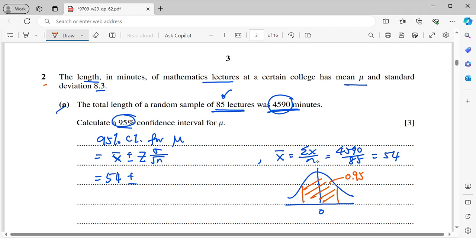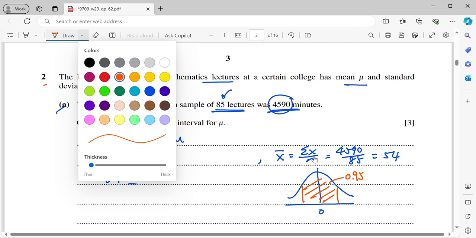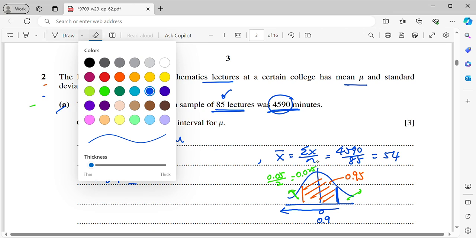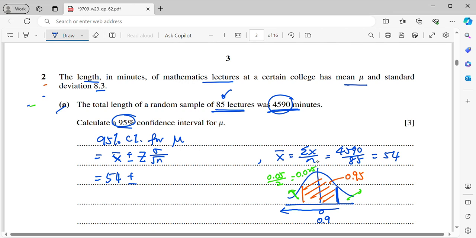So when the middle is 0.95, the remaining regions will be 1 minus 0.95, which is 0.05, and that 0.05 is shared by two parts, so this is going to be 0.05 divided by 2, which gives 0.025. Then I know that my total region towards the left side, from this line to the left, is going to be 0.975, when you add up the orange region and also the green region.